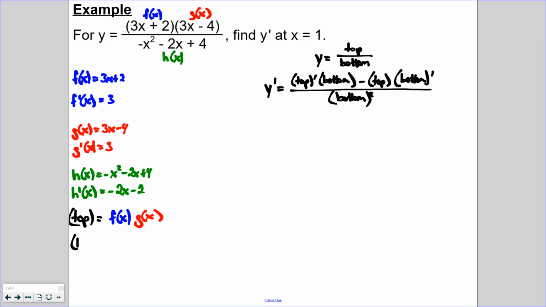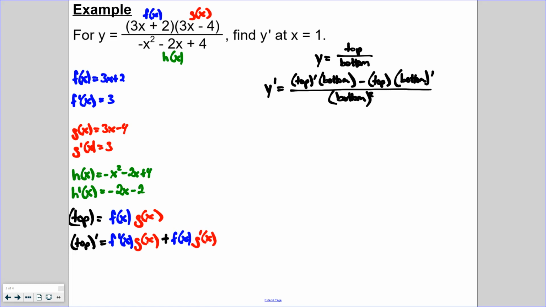So if we want to take the derivative of the top, here's where our product rule comes into play. So it's the product rule embedded in a quotient rule. And we know the product rule is f prime times g plus f times g prime.